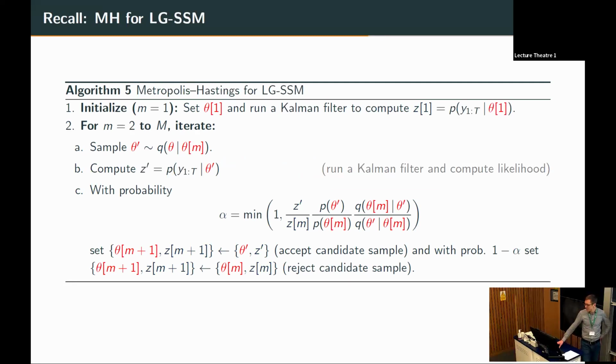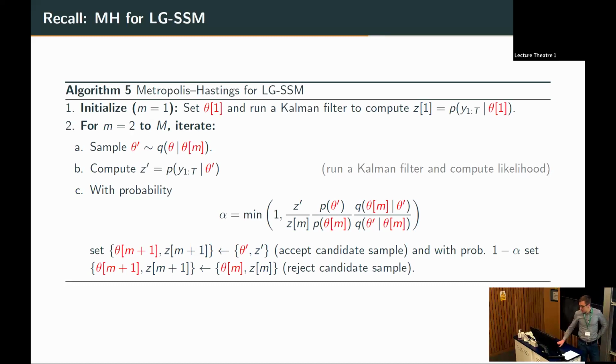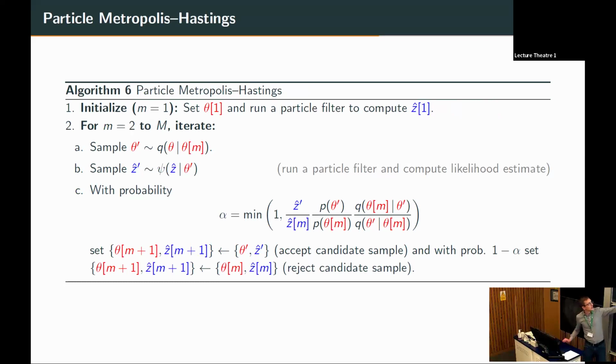Flipping back and forth here, we see that in the Kalman filter, we initialize on theta 1 and compute the likelihood, Z1. Now we will instead run a particle filter to estimate Z1. Similarly, in step 2b, where we computed the likelihood using a Kalman filter, I will replace that by running a particle filter and then computing this estimate, which we can think about as generating a sample from this distribution psi.